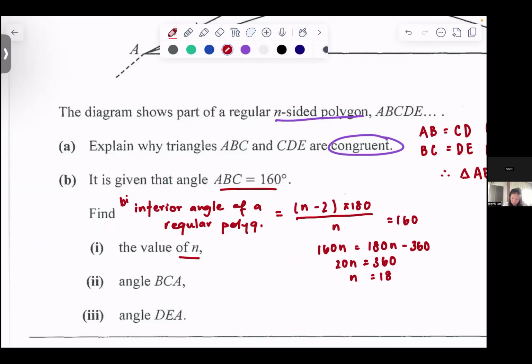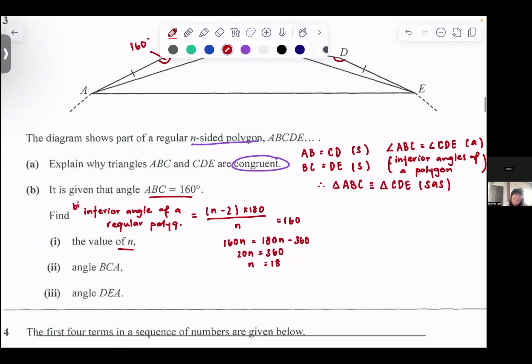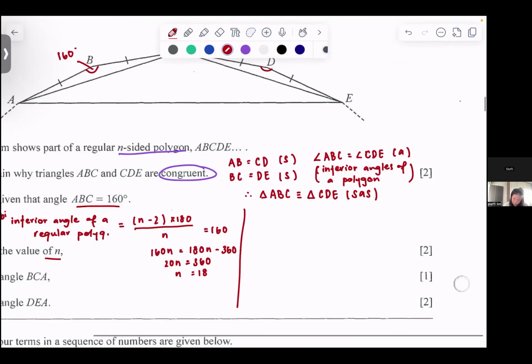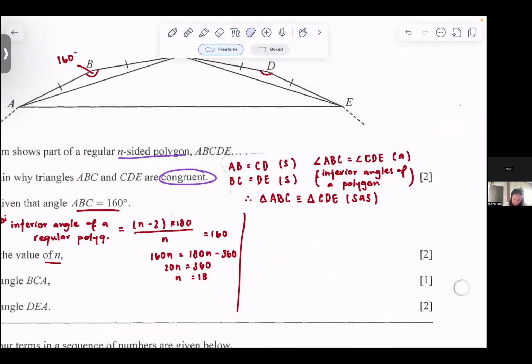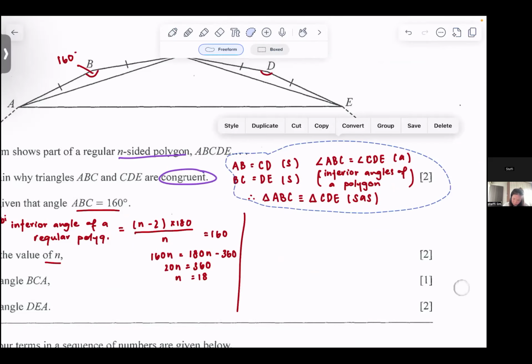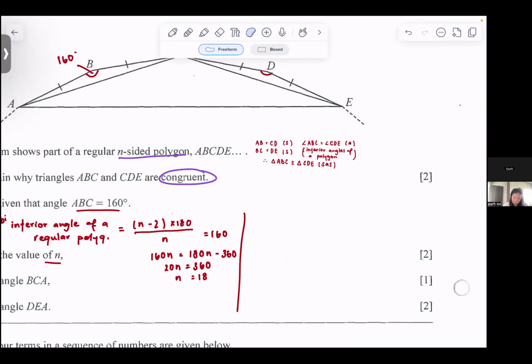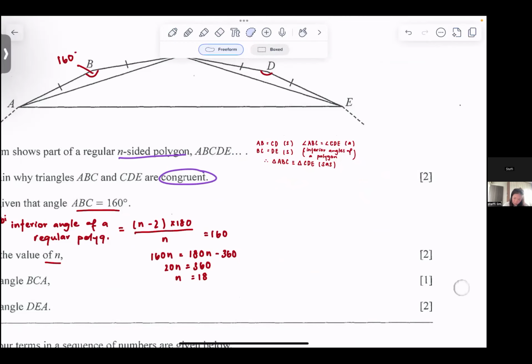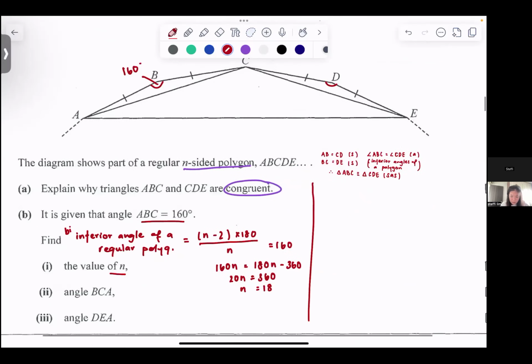Okay, for part bii, I'm just going to write it here. It's going to be a bit tiny. They ask you to find the angle BCA, which is right here.